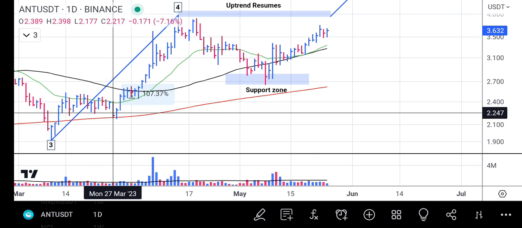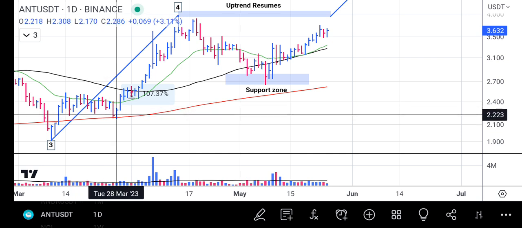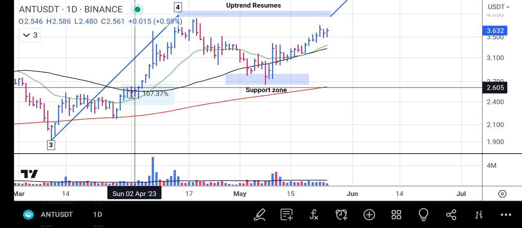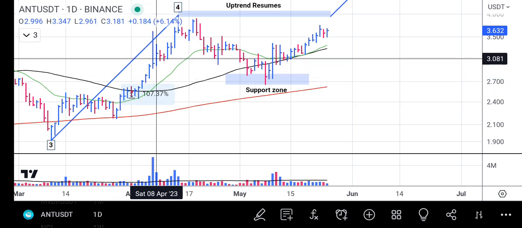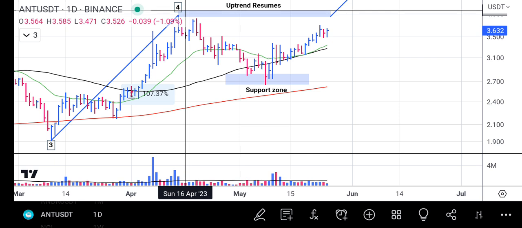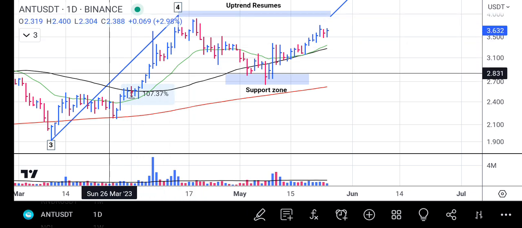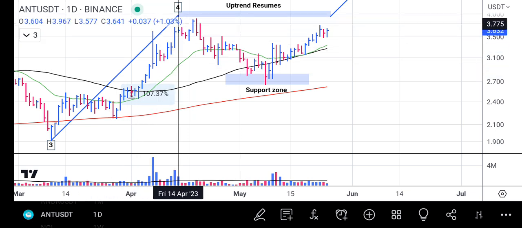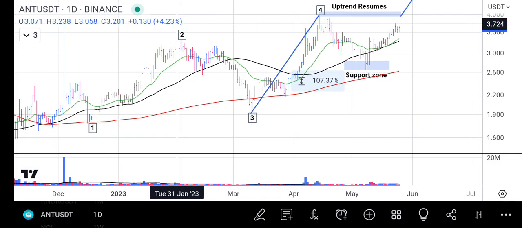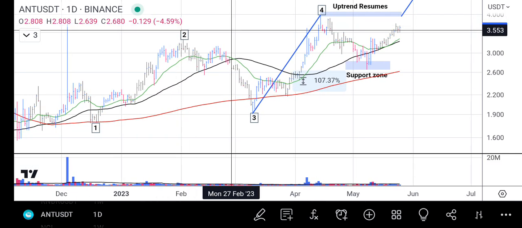When it ranged, the buyers rested a little and came in again with full force. They sent the rally drastically up to as high as 0.4, which is almost about 107% altogether from 0.3. That finally shows the buyers have gained a lot of strength, and that's exactly what is happening in this area where we are now.